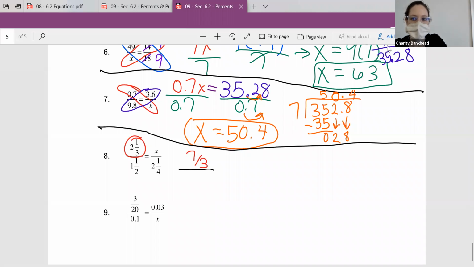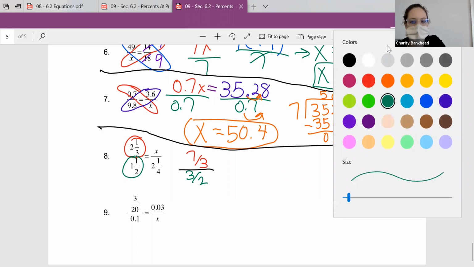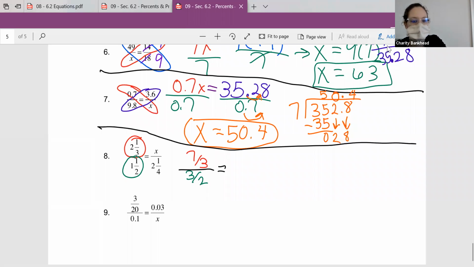And then 1 1/2 turns into 3/2. And then 2 1/4 turns into 9/4.